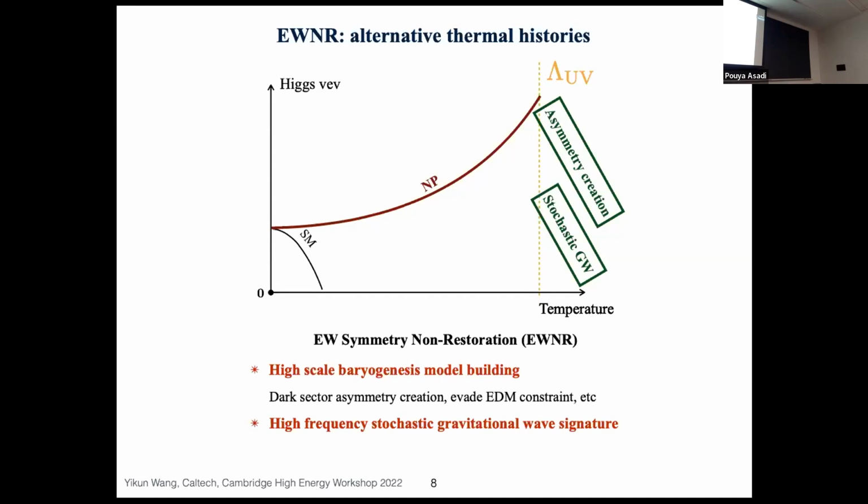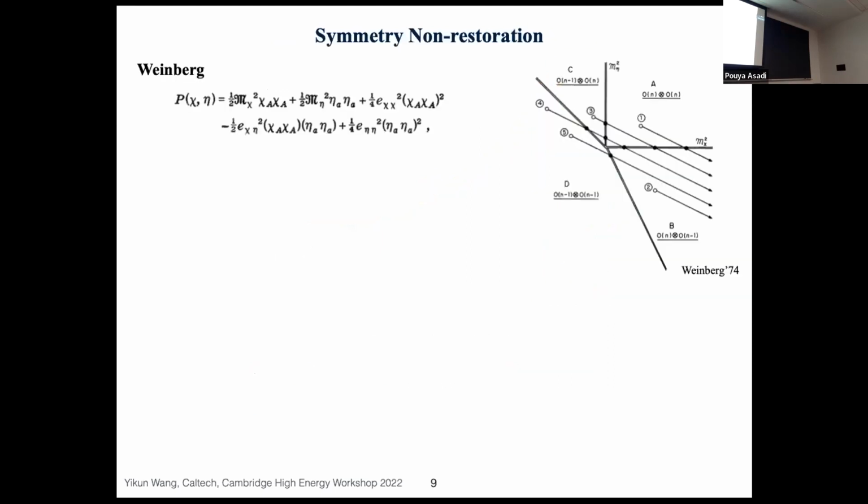But now talking about motivations. The idea of symmetry restoration is not new. Actually, I really like this very cute toy model from Weinberg in 1974. He wrote down this scalar potential with two sectors, both protected by their own symmetry.